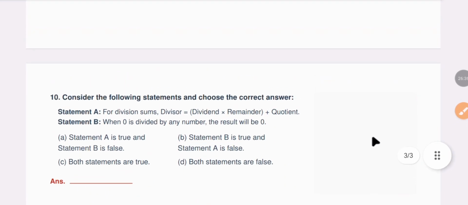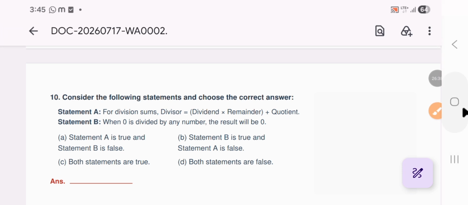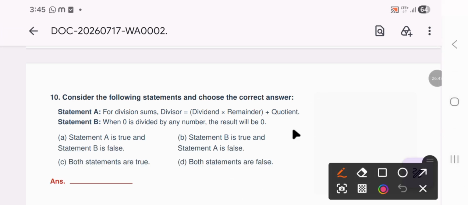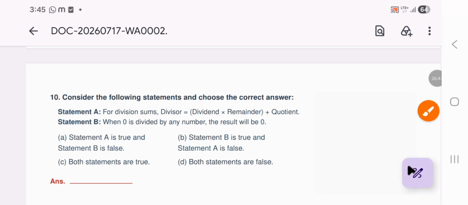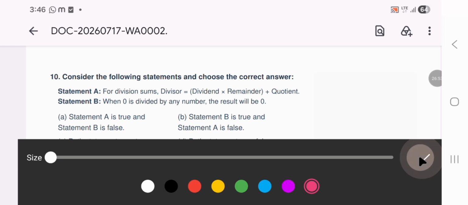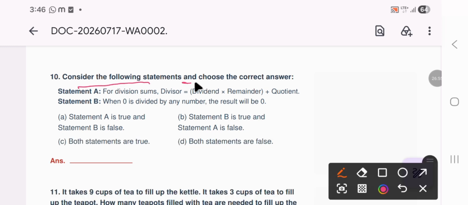Question number 10. Consider the following statements and choose the correct answer. Statement A: For division sums, divisor is equal to dividend multiply remainder plus quotient.